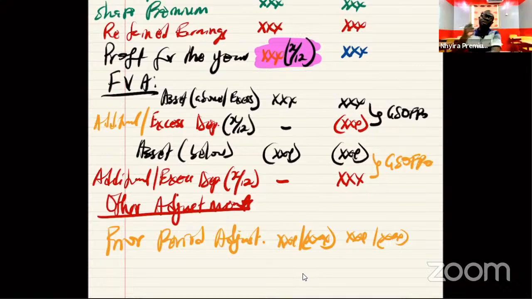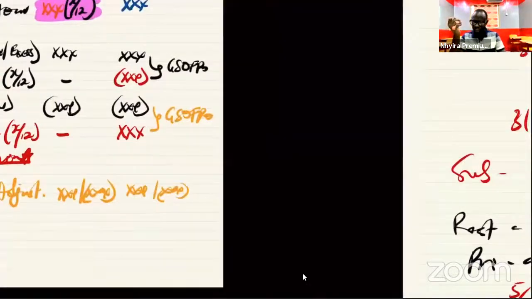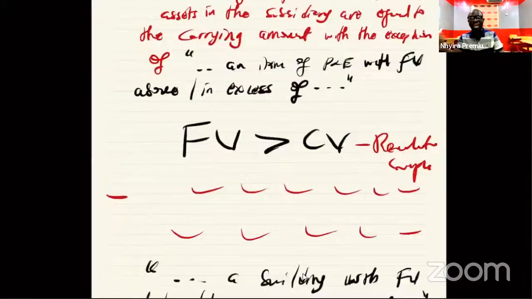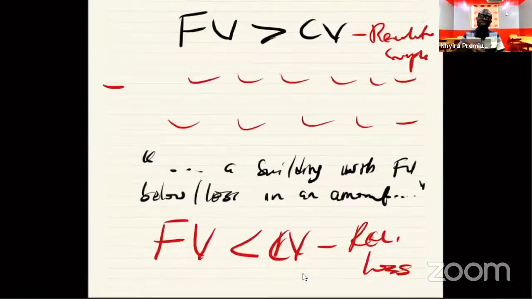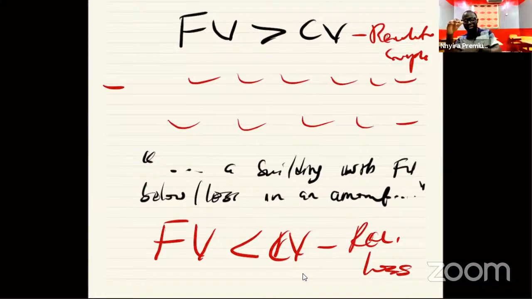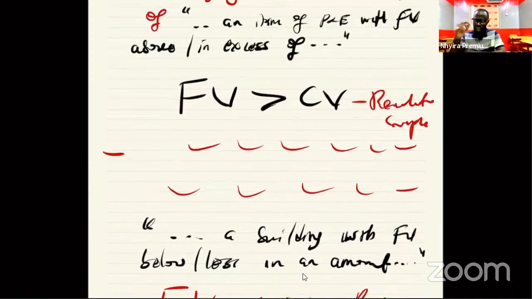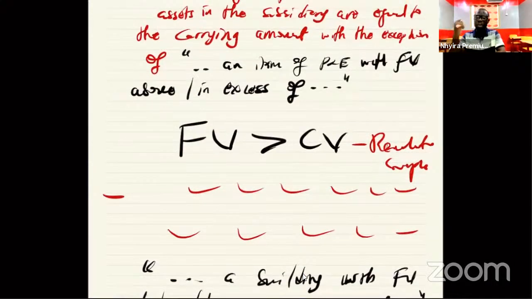So if they revalue the assets, two things can happen. Either that the fair value is more than the carrying value, meaning that the subsidiary is undervaluing its assets, or the fair value is less than the carrying value, in which case the subsidiary is overstating its assets.